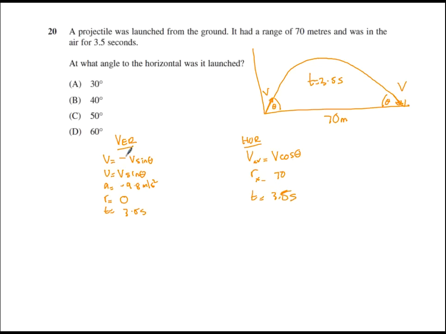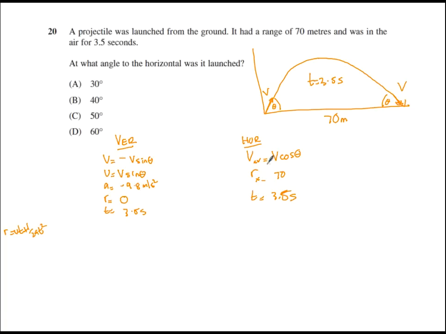Now, what formulas can I use here? If I did not assume that the final velocity is the same value here, I have u, a, r, and t, and if I substitute into r equals ut plus a half at squared, I will get a nice mathematical formula, but for u I'll have 2 unknowns, a v and a sine theta.